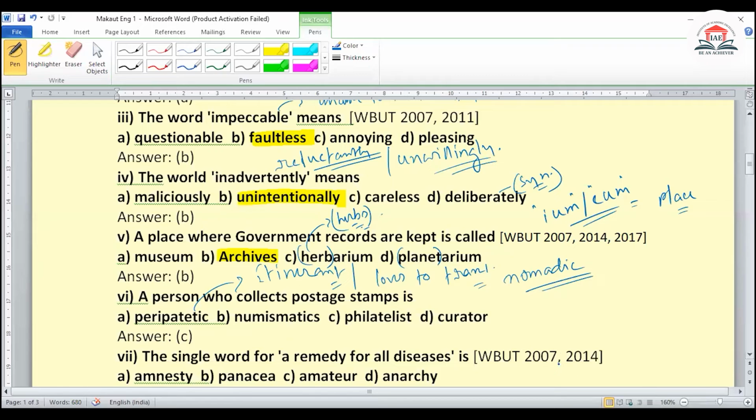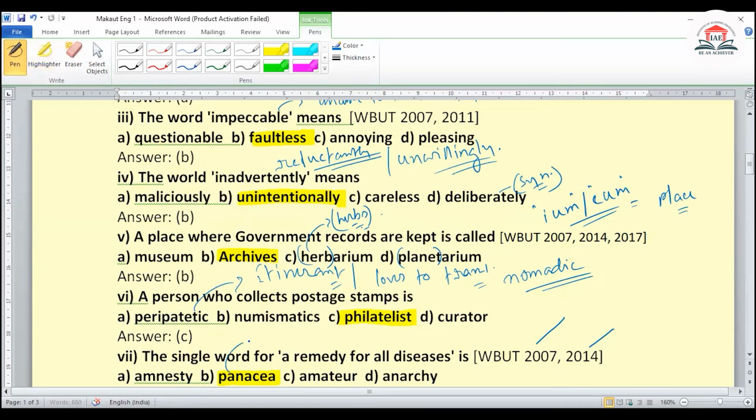Now, 2007, 2024, the single word of remedy for all diseases. Remedy for all diseases. What is that? Sarvarogahara in Sanskrit. It's a very, very common one. Panacea, right, is a very, very common one.